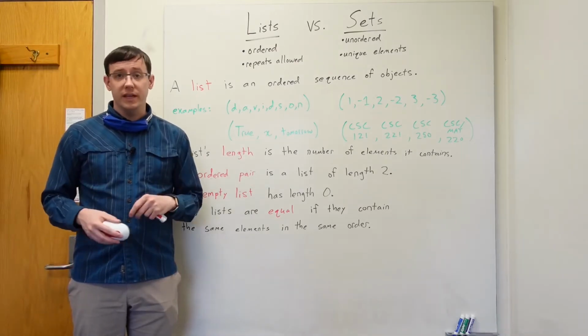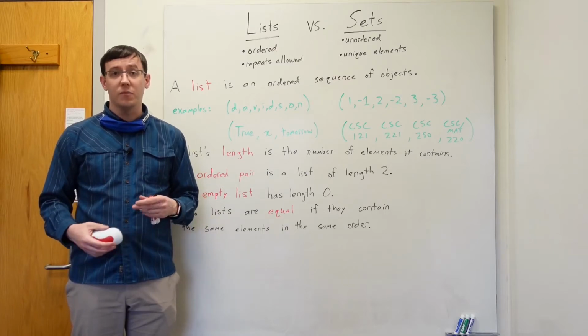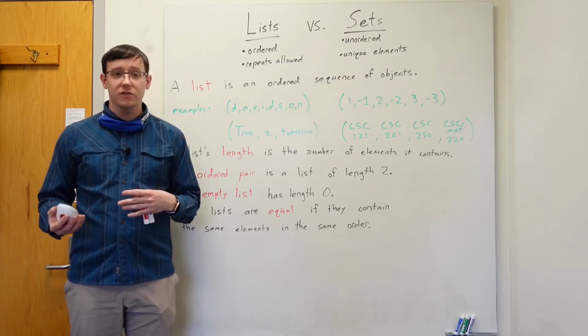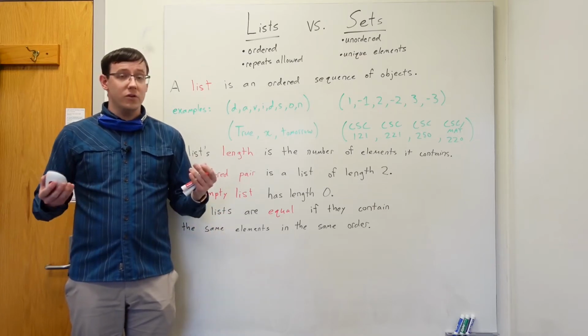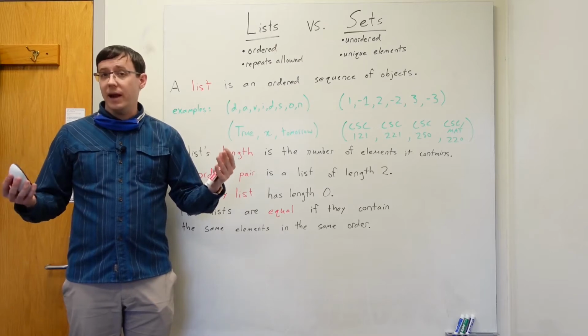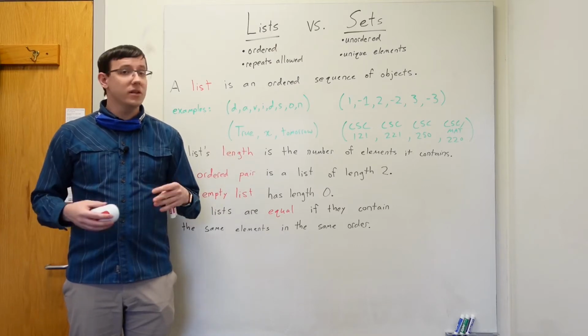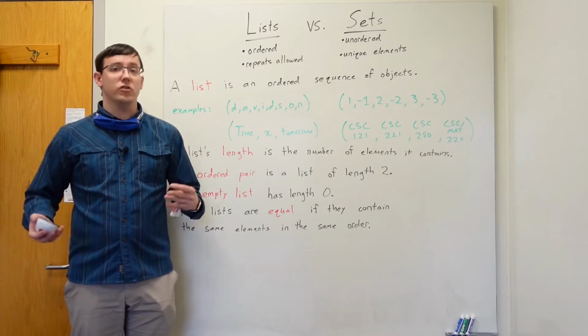Much of the value of lists over the course of the semester will come from defining particular lists for particular uses, but there are some things that we can do with lists in the abstract, such as counting the number of lists that have certain properties.